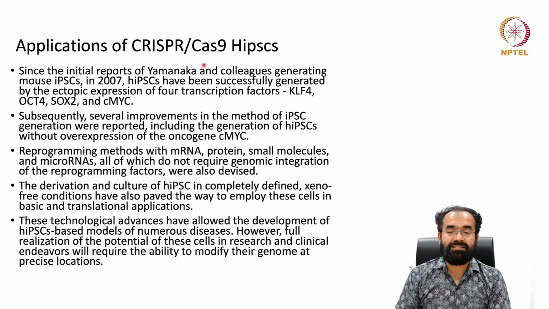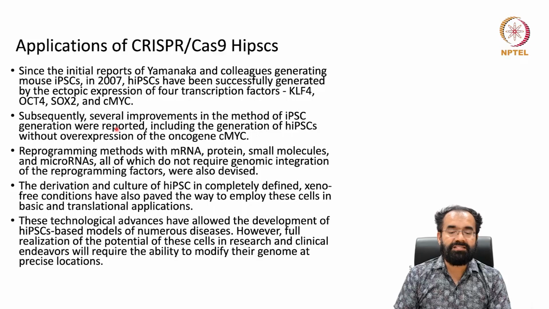Application of CRISPR-Cas9 in HiPSC, which means human induced pluripotent stem cells. Since the initial reports of Yamanaka and colleagues generating iPSCs in 2007, human iPSCs have been successfully generated by ectopic expression of 4 transcription factors: KLF4, OCT4, SOX2 and CMYC.